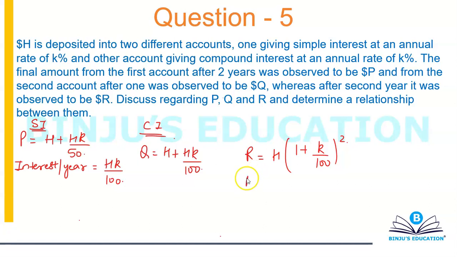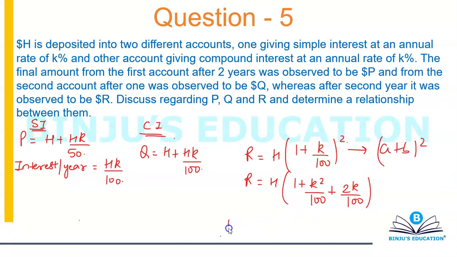Or the value of R can also be written as H into 1 plus K square by 100 square plus 2K by 100, simply like opening this as (A plus B) whole square. Or the value of R is equal to H plus HK square by 100 square plus HK by 50. This will become the value of R.